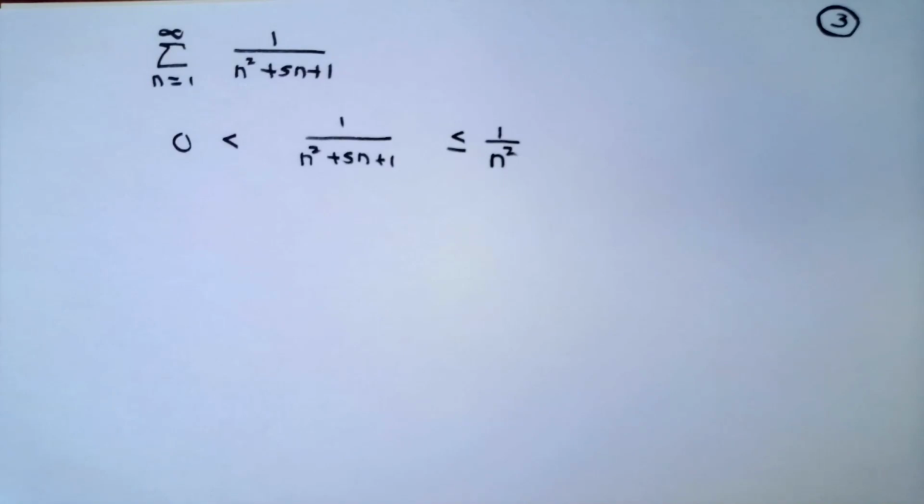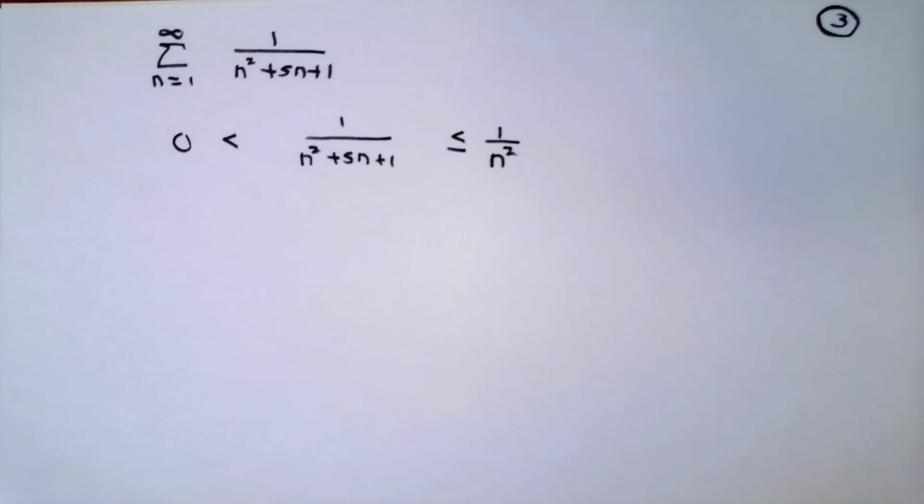It must be true that 0 is less than 1 over n squared plus 5n plus 1, which is certainly less than or equal to 1 over n squared. We know that the sum of 1 over n squared converges since it's a p-series with p equal 2. Then the direct comparison test says the infinite series that we're interested in converges.